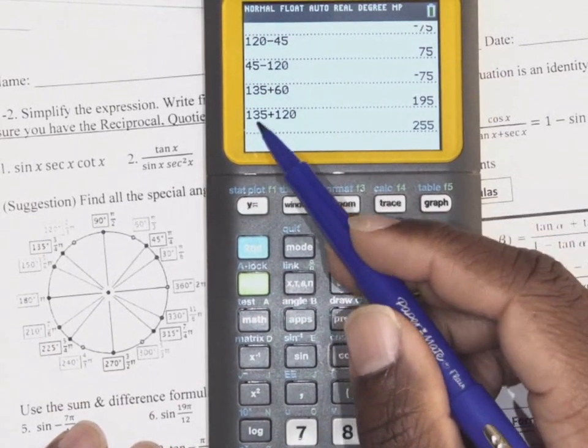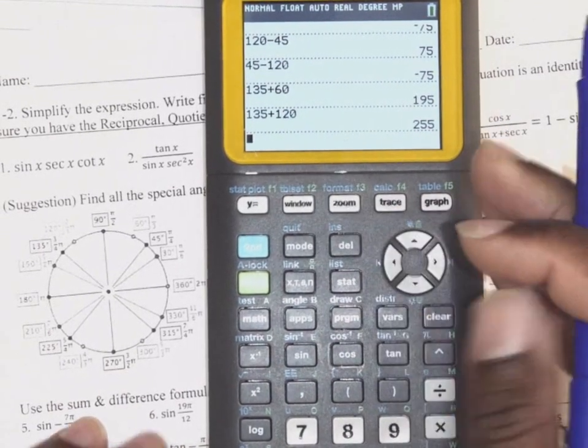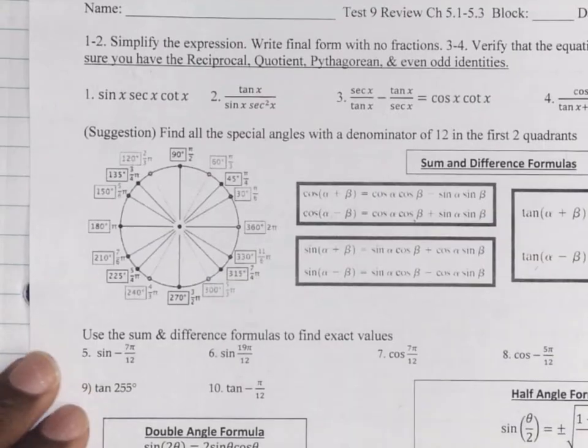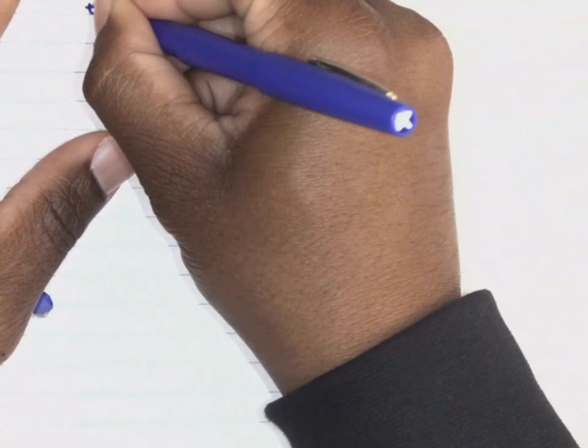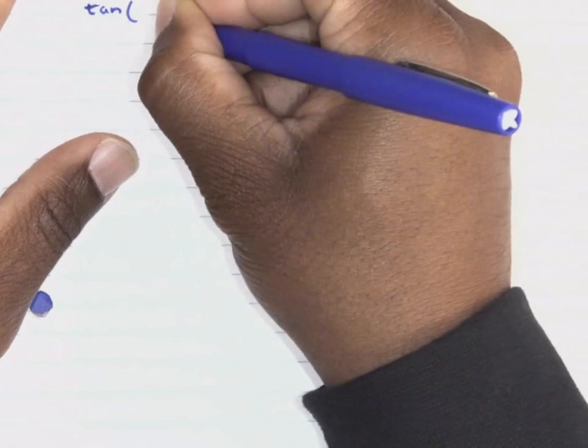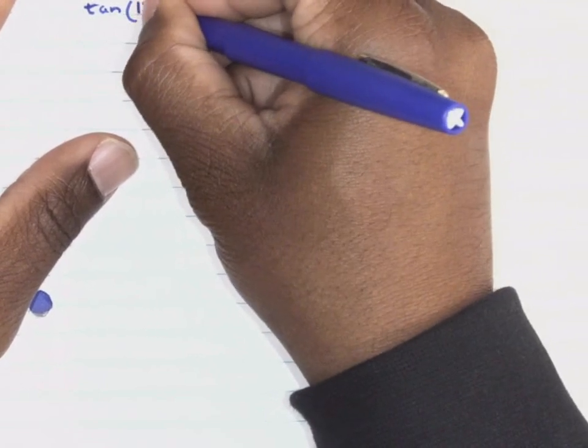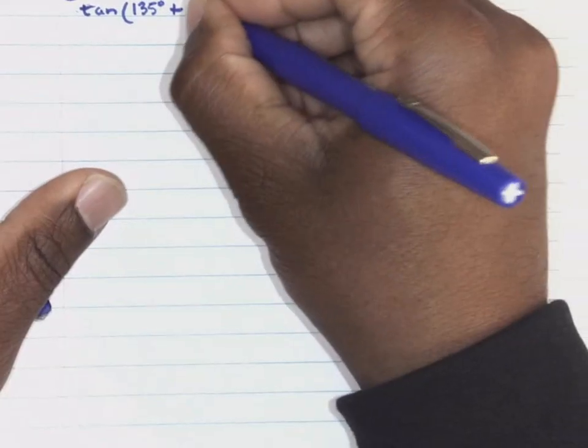So these are the 2 angles I'll use, 135 plus 120. There are other combinations you could use. These are the 2 angles that I will use. So we got tangent of 135 plus, what did we say? I forgot just that quick. 120.